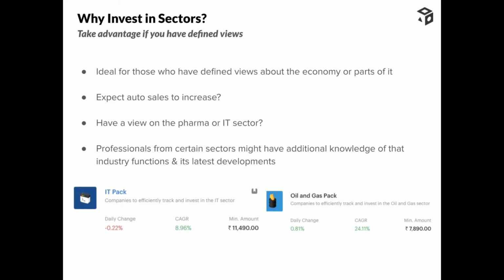If for any reason you feel that oil and gas will do well, now rather than having to do the research yourself to figure out which are the good companies in that space, what we have done is created this oil and gas pack, where you can invest in those companies that our research team thinks will do well. And you can do that in a very simple one click manner and get exposure to that entire sector and track the developments of that.